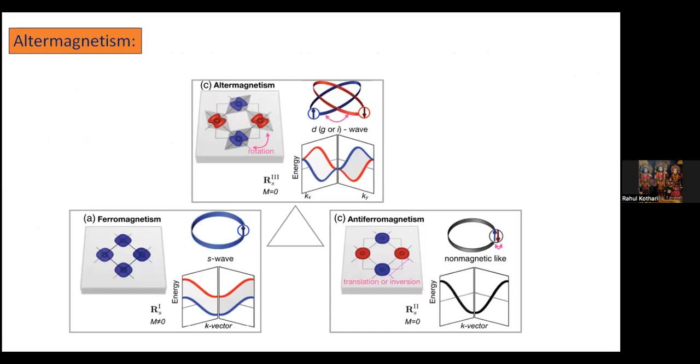So generally, if you have the slightest idea about the topological classification of materials, a Dirac semi-metal of course always preserves two different symmetries: one is time reversal symmetry, one is space inversion symmetry.